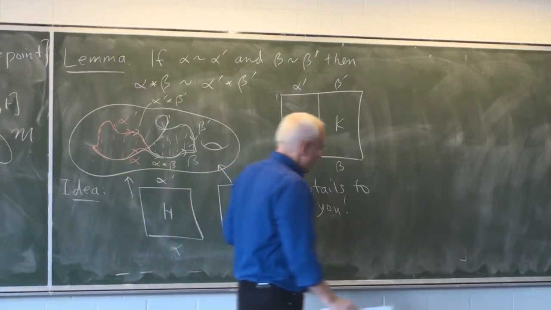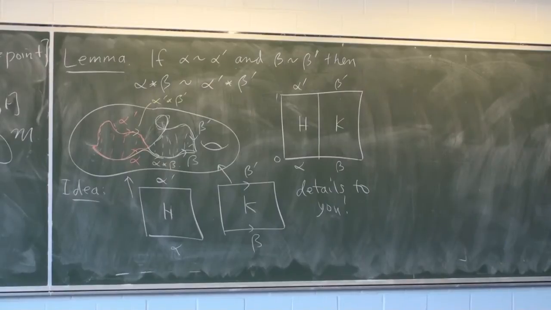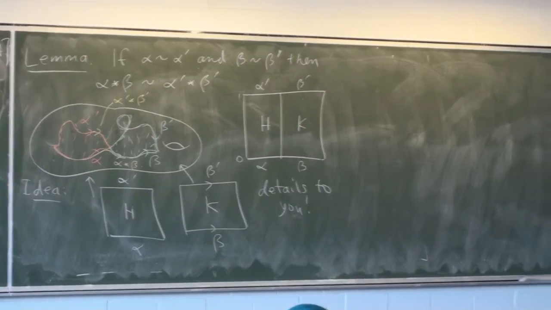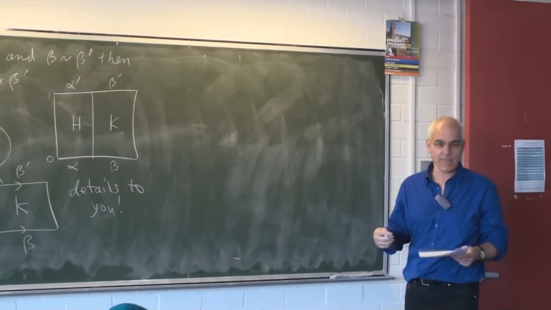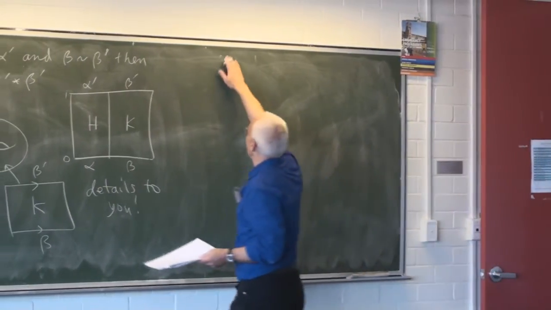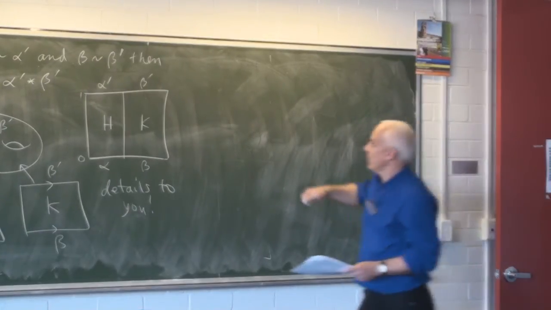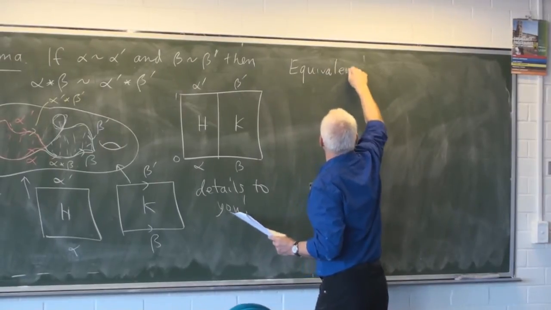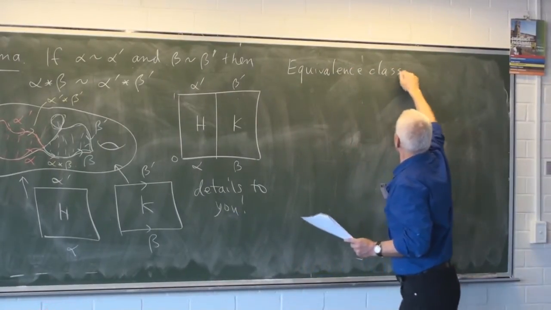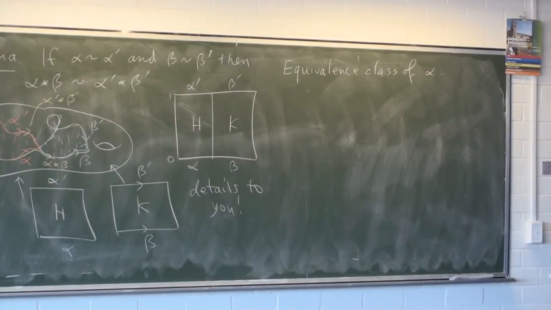Okay, so that means that we can think of this multiplication actually on not the paths themselves, but the paths up to this equivalence of homotopy. And the standard way in which that's done is by introducing the idea of an equivalence class. So we write the equivalence class of a path alpha.